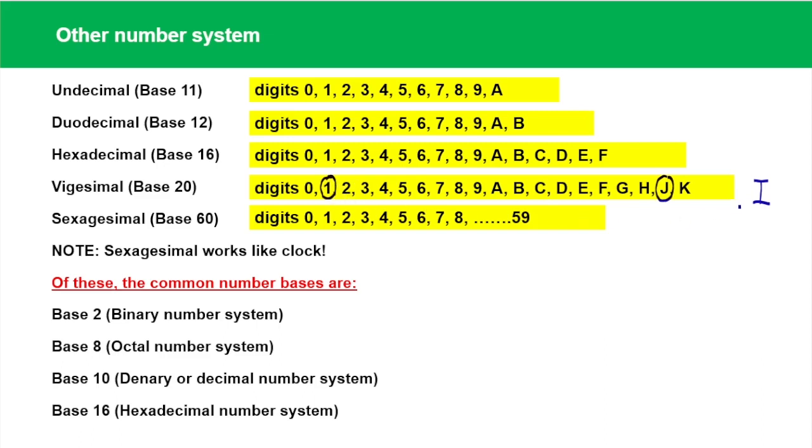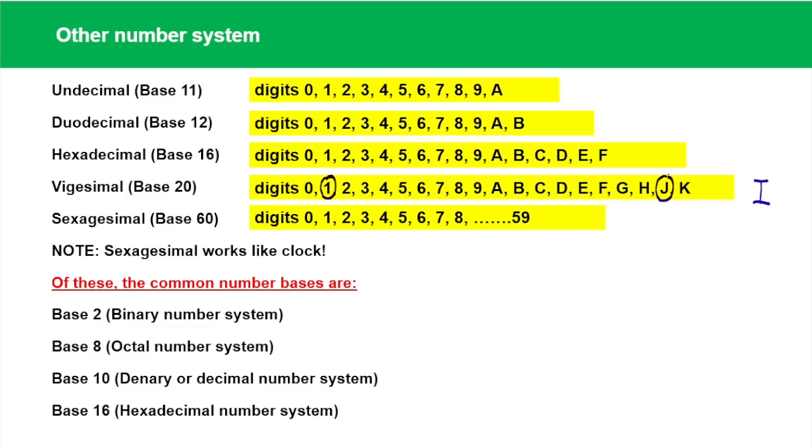So in order to avoid confusion, letter J is used in place of letter I. And letter J here means 18, letter K here means 19, if you count numerically beginning from 0. The sexagesimal number-based system uses 60 digits beginning from 0 up to 59.